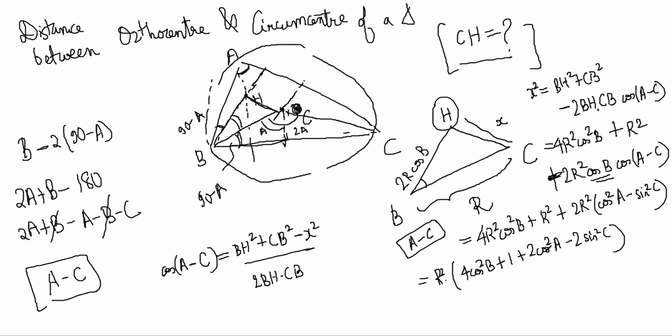And all the other ones also can be converted into cos 2B and cos 2A, right? These also can be converted into cos 2A, cos 2B and all, right?